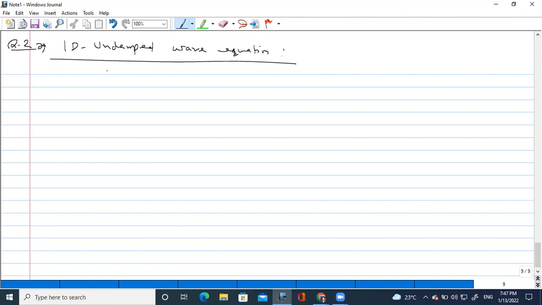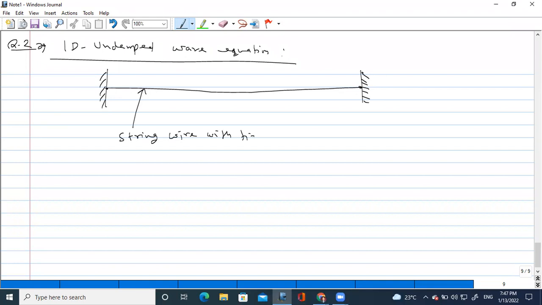Such a type of wave can be created if these two ends are fixed. They are fixed and they are not moving. So with those, you tie a string, this is a string wire, with tight ends.